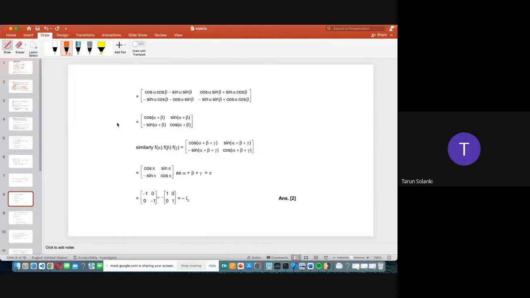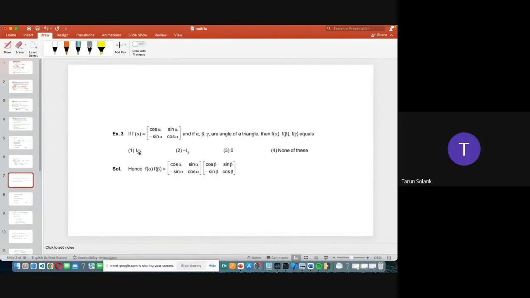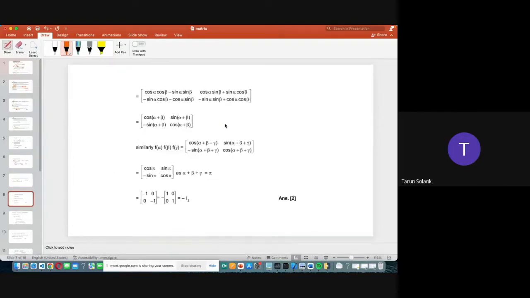So you can write it as minus 1, 0, 0, minus 1, right? So minus 1 take out common. So 1, 0, 0, 1, which is minus of I2, right? So here option number second is the correct answer.